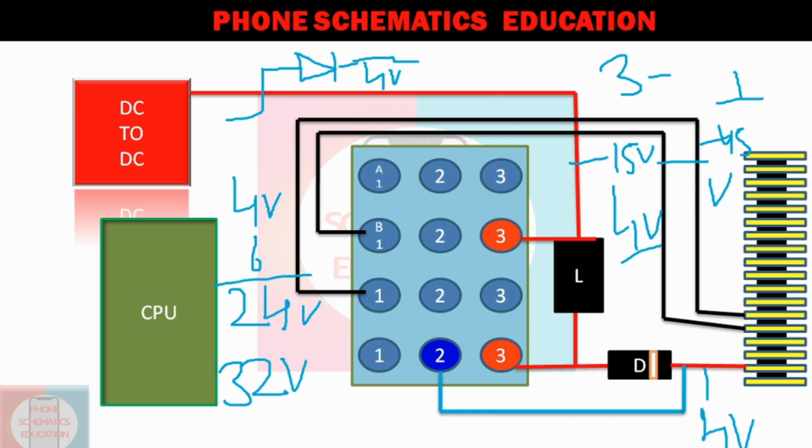How does the switching work? How is this 4 volt converted to boost voltage, from 15 volt to just like 42 volt, or in this case you can say 24 volt or 32 volt? How? I will tell you.